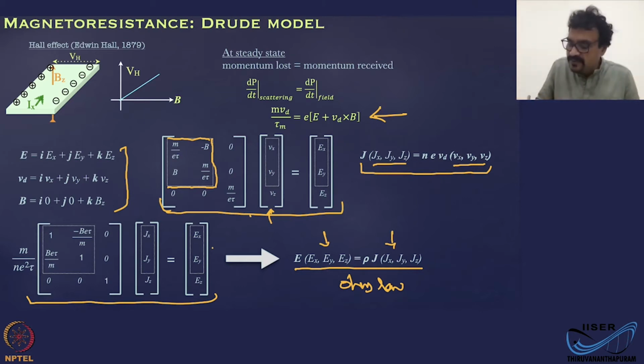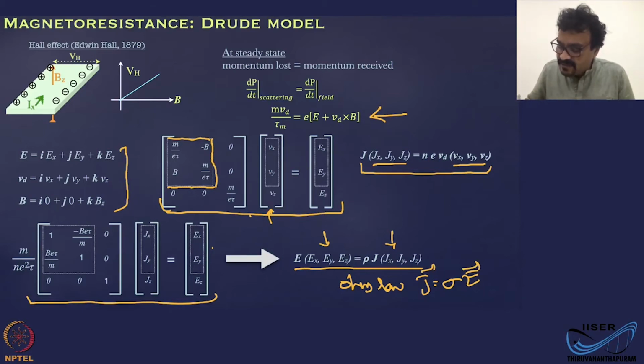So what you are familiar with is J equals sigma into E, and this is just the sigma is replaced by 1 by rho. Then you take that rho to the other side.